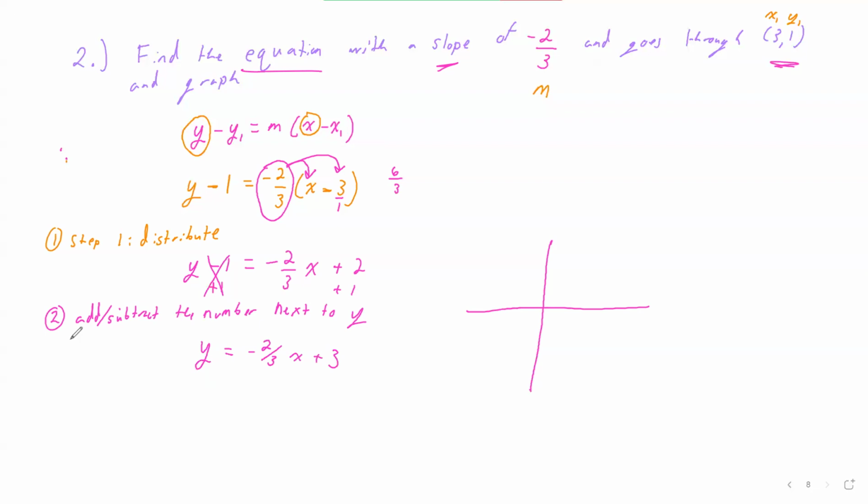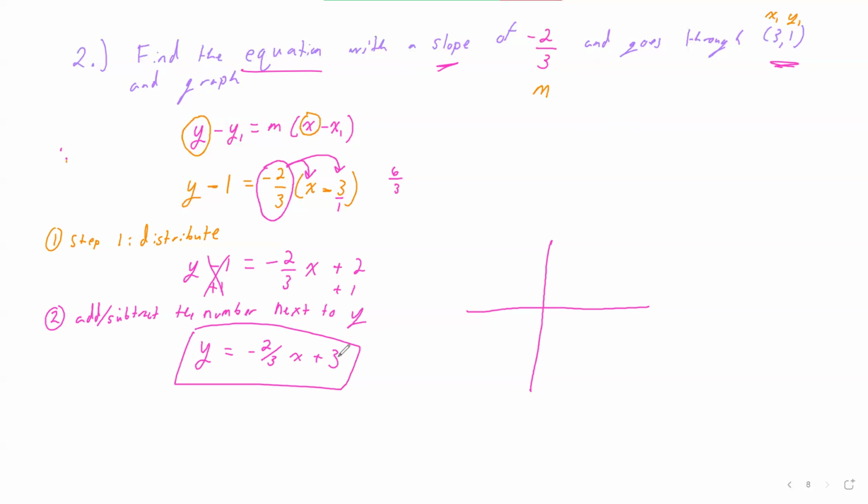Perfect, yes. So this is your equation. And after that, you can just graph. You can either use the y-intercept and the slope, or you can use your original point and the slope. Which one do you want to do? This part doesn't matter. Just got to start with some point. So I can use the point given, or I can use the y-intercept.